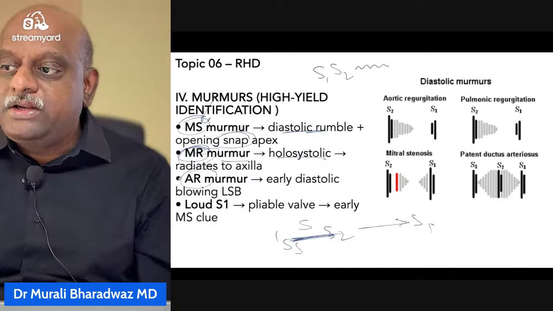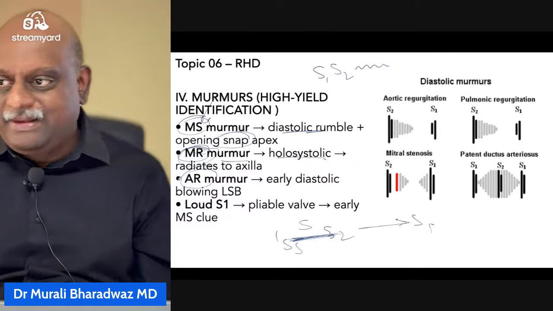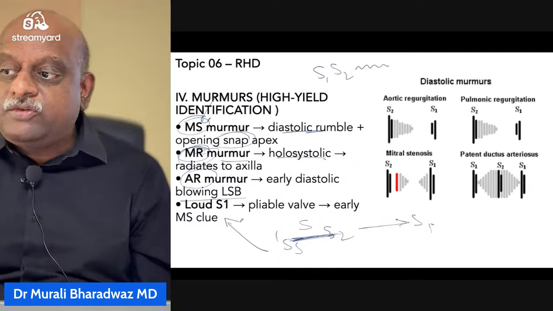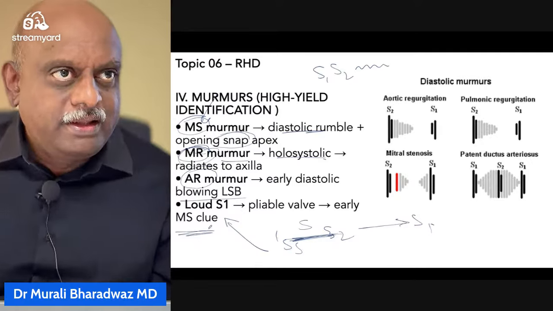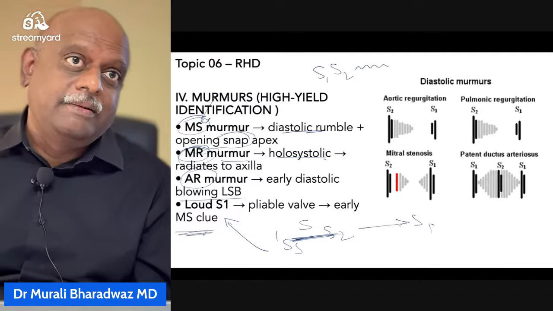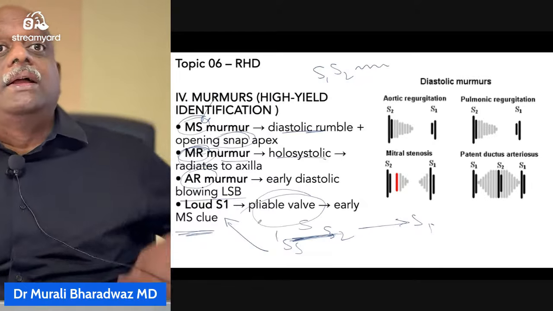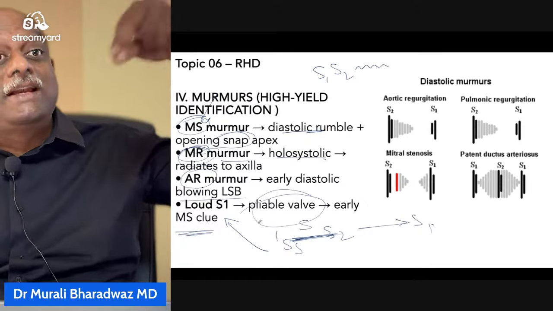Then aortic regurgitation is an early diastolic murmur. We'll discuss that during AR. And a loud S1 in mitral stenosis is a clue. It also indicates the valve is not calcified. It is still pliable.